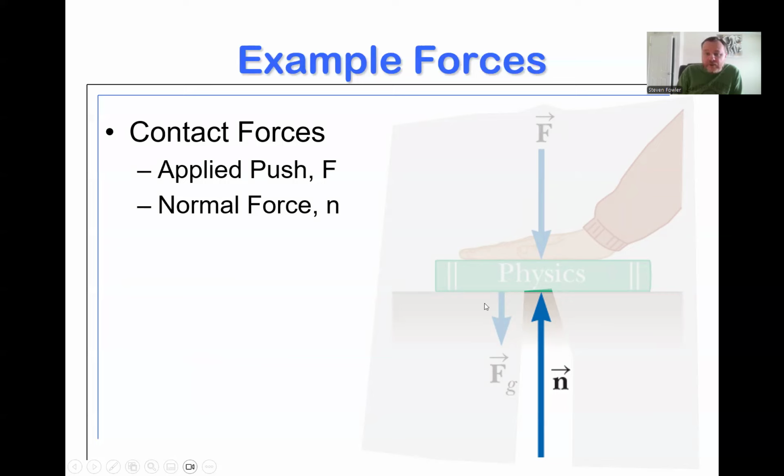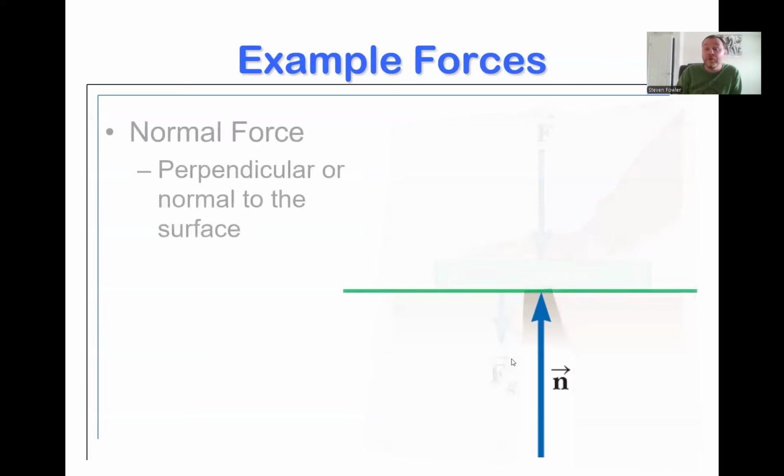It is not controlled by the direction of gravity. It does not have to be vertical. We will see problems where we're on an inclined surface, and the normal force is by definition normal to, or perpendicular to, whatever surface is applying it. So in this case, I've got a horizontal flat surface, therefore the normal force is vertical. So very important things there.